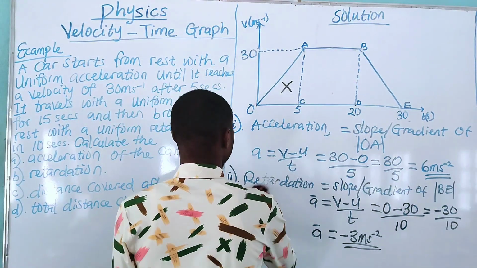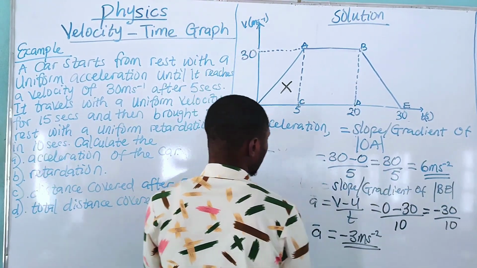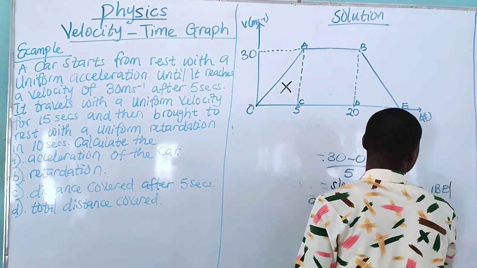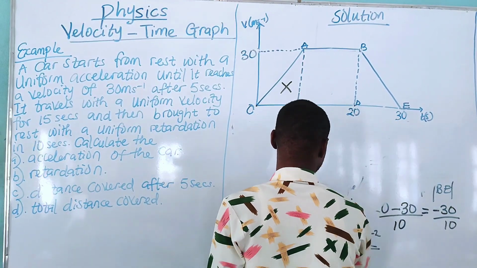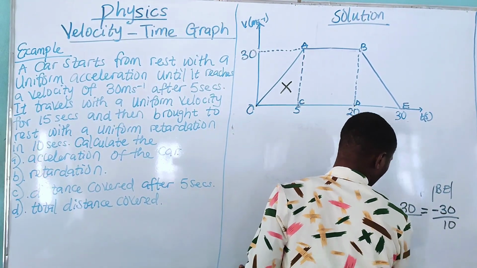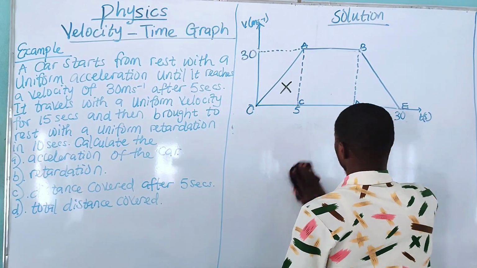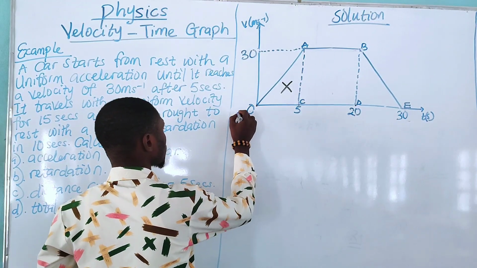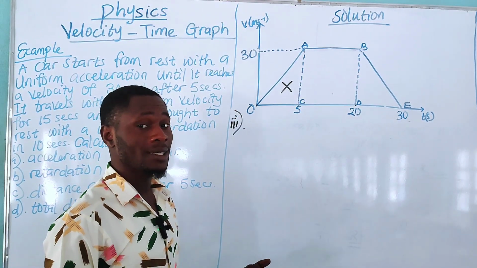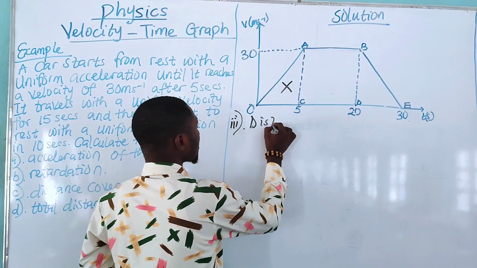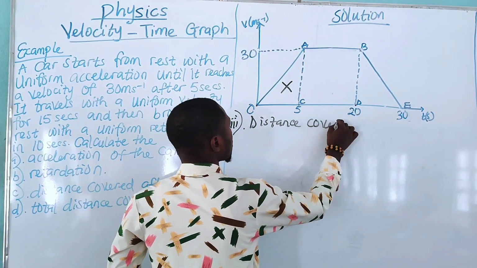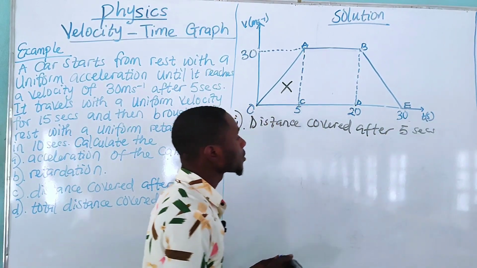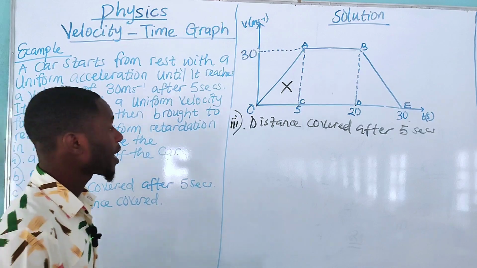So for us to find that, let's clean this up. To find the total distance covered after 5 seconds, let's write the distance covered after 5 seconds.